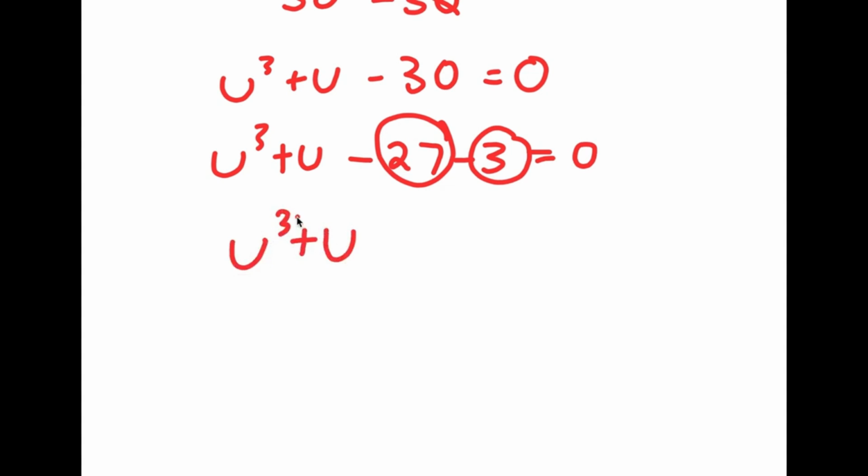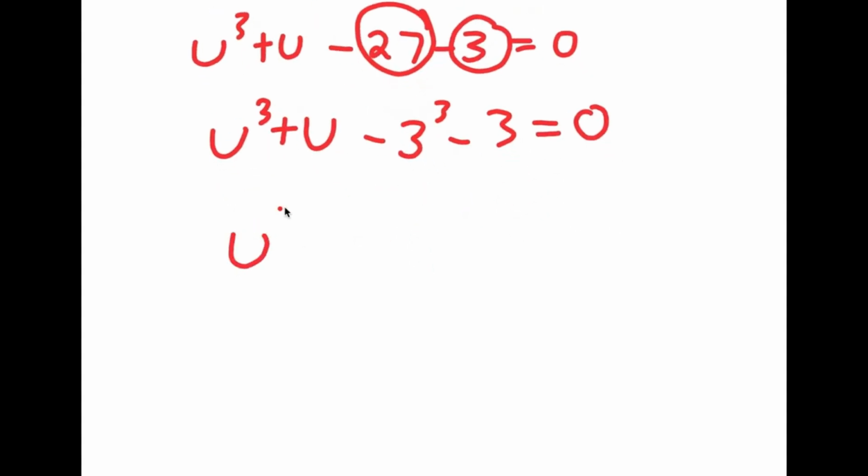Notice how we have something in the form u to the power of 3 plus u. We could think of u as 3 in this case. So 27 is the same thing as 3 to the power of 3, and we have this minus 3. Now I'm going to put this in the form u to the power of 3 minus 3 to the power of 3 plus u minus 3 is equal to 0.